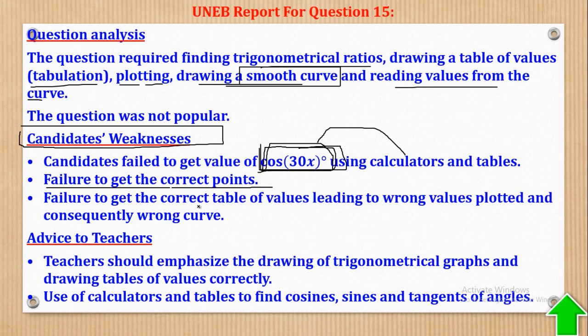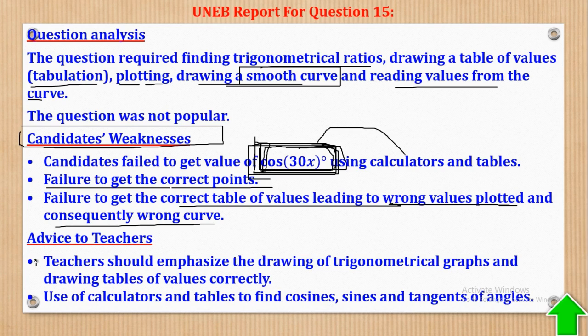Failure to get the correct table of values, leading to wrong values plotted and consequently wrong curves. So I think realize that this is very, very crucial. Learning how to use a calculator to get trigonometrical functions is very, very vital, because it deprived students of these 12 marks, yet these 12 marks could be got.